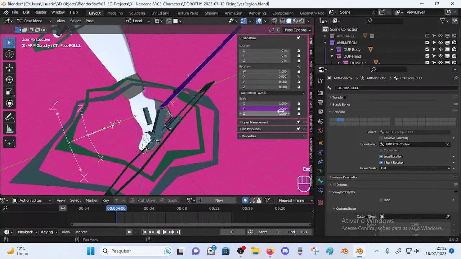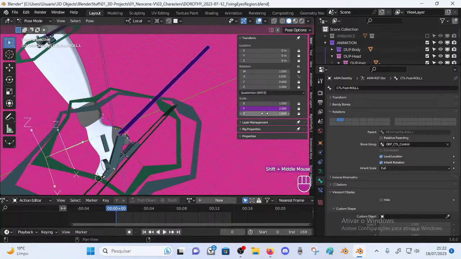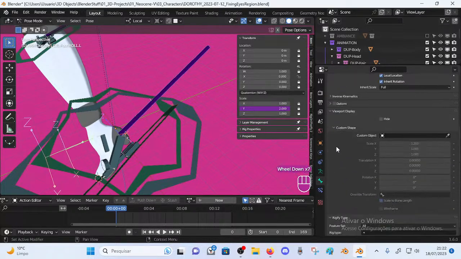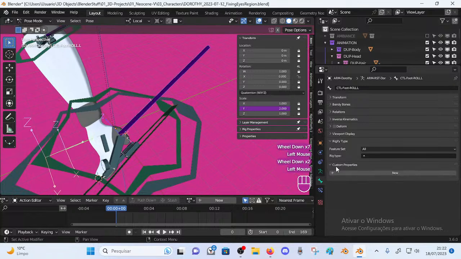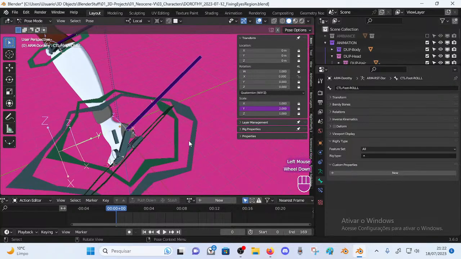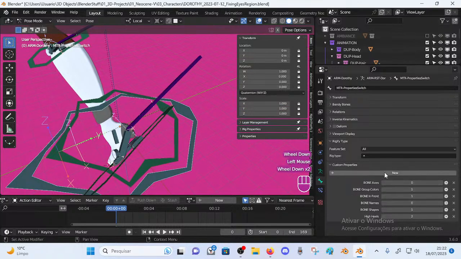But you see here it's driven, there's a driver on the y scale, so the length of the bone, and it's 2, and this is the property that we create from here, right? Custom property, yes, here we create properties.